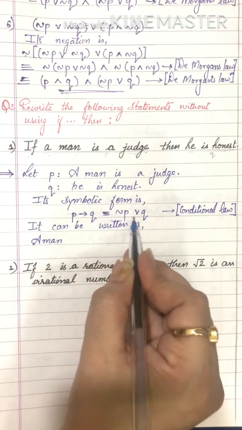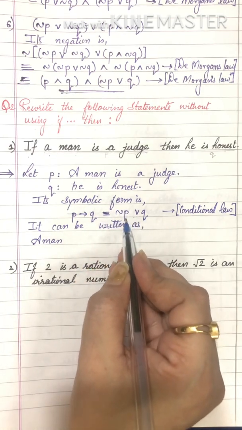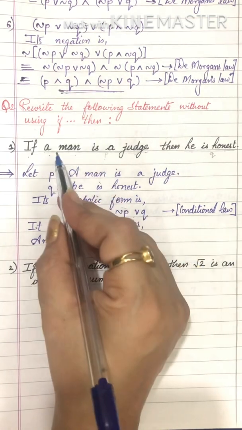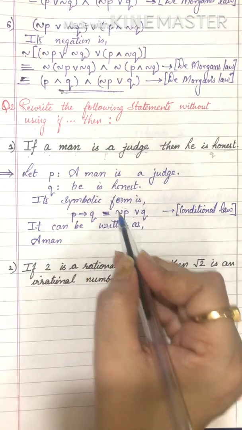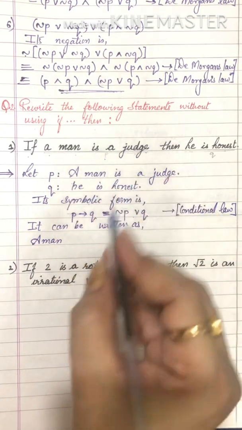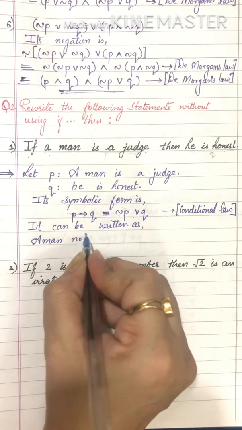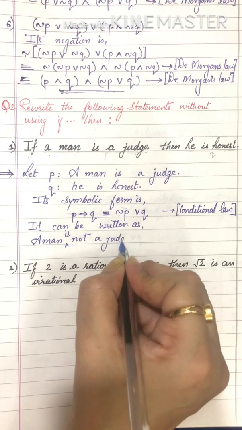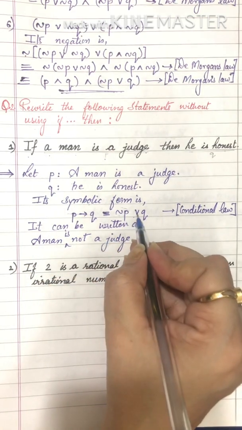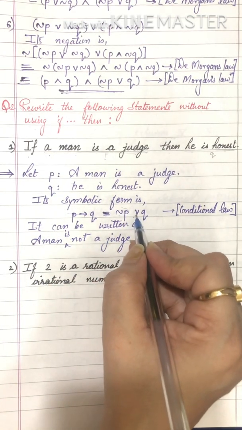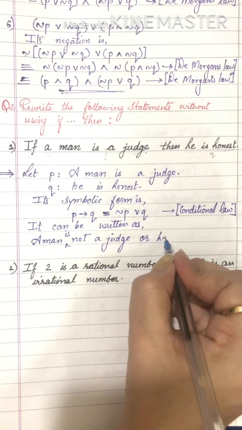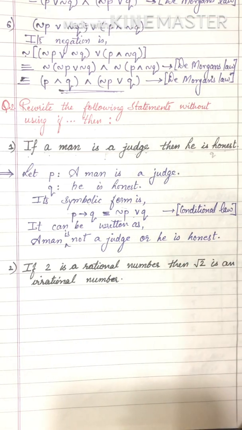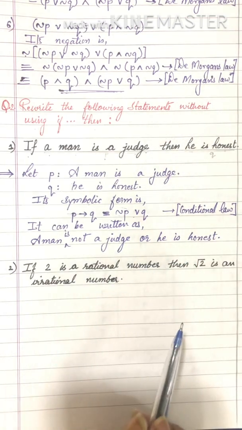See, this full statement, I'm going to write in words now. Negation P, when P is a man is a judge, negation P is a man is not a judge. So I write a man is not a judge, or, okay, this connective we have used, or he is honest. See how simple it becomes after using the laws and understanding the question well first of all.